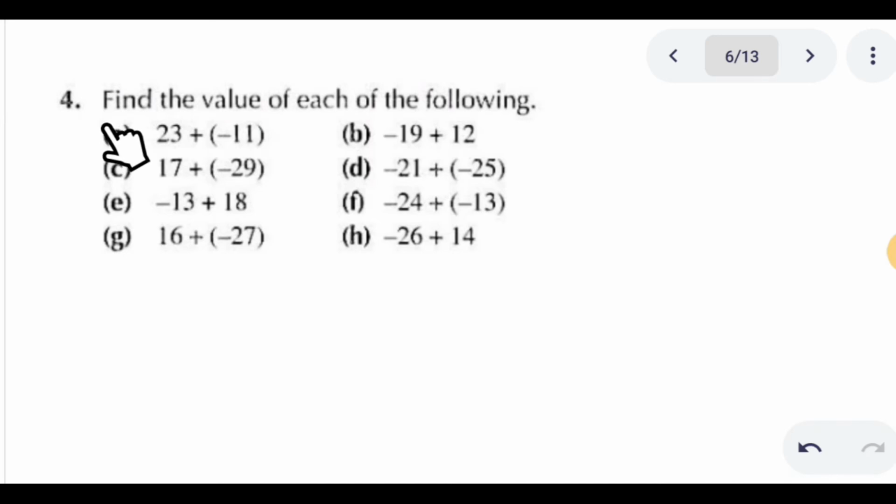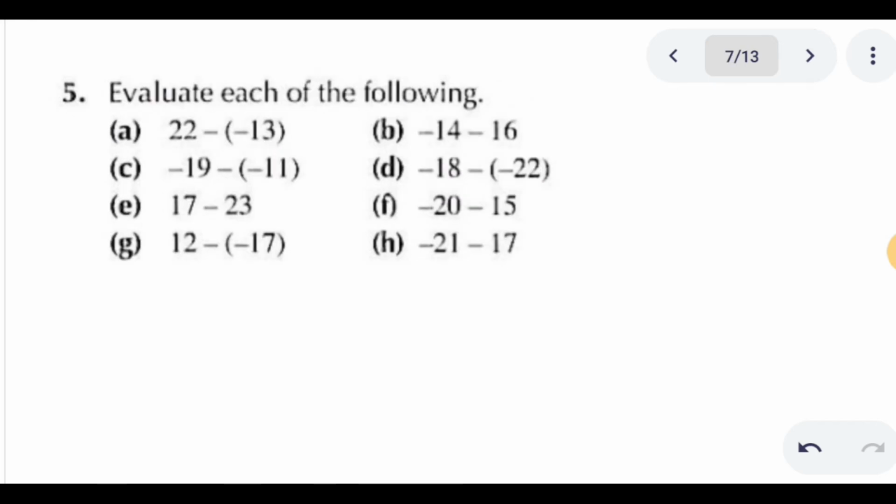Now in question number 4 they are asking us to find the value of each of the following, and the similar concepts will go on as we learned in the earlier questions. In question number 5, again we have the similar things. I am just solving one part just to make the concepts easier for you.